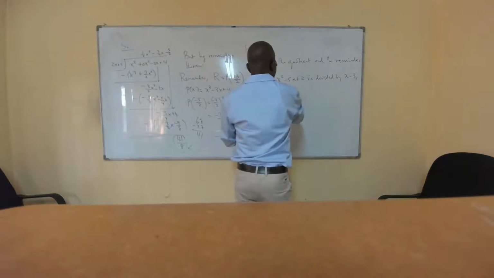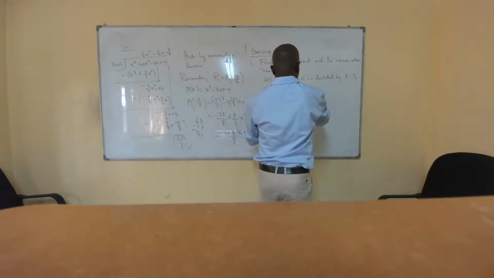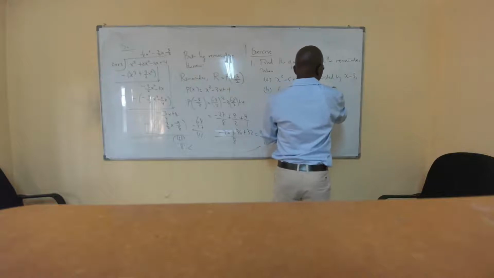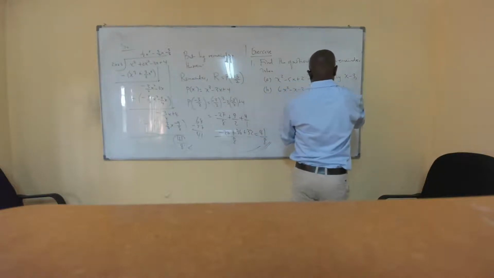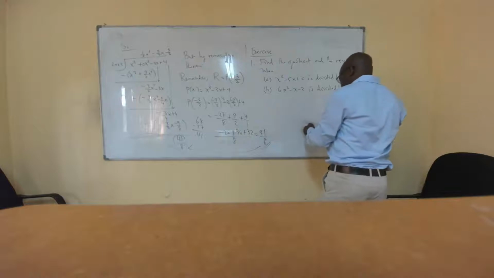B, 6x squared minus x minus 2 is divided by 3x plus 1.